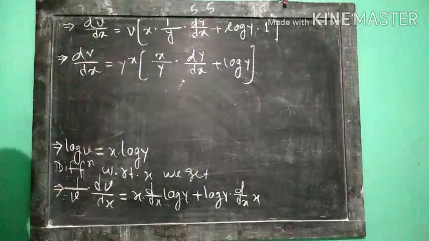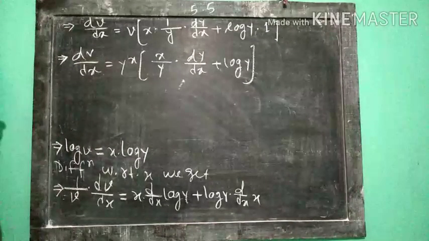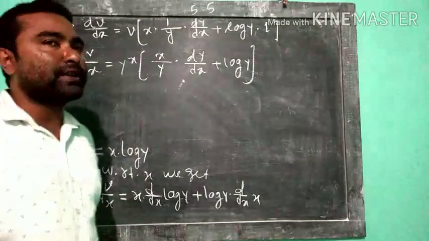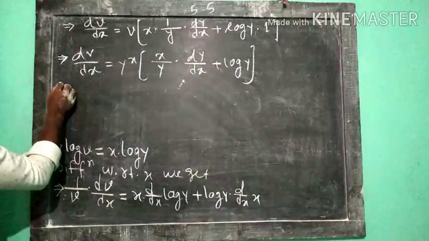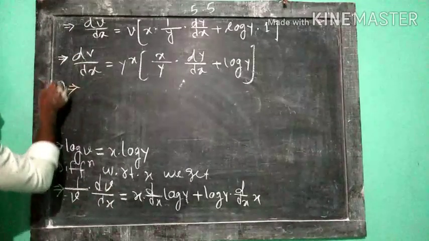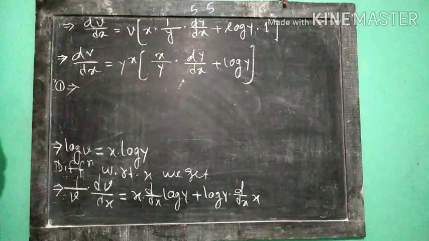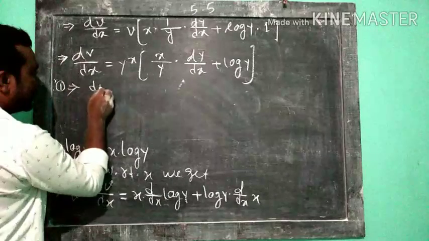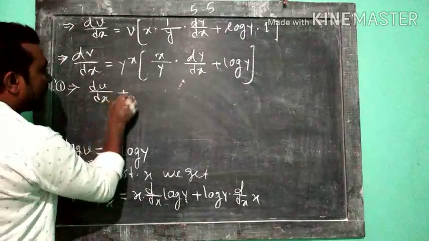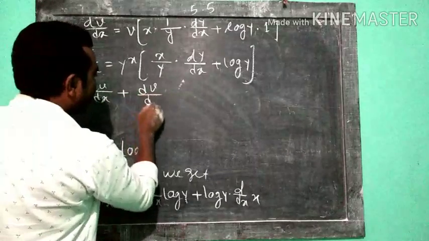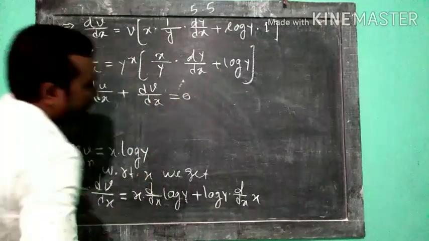Now if we put the value of du/dx and dv/dx in equation 1, then we have du/dx plus dv/dx is equal to 0. This is equation 1.